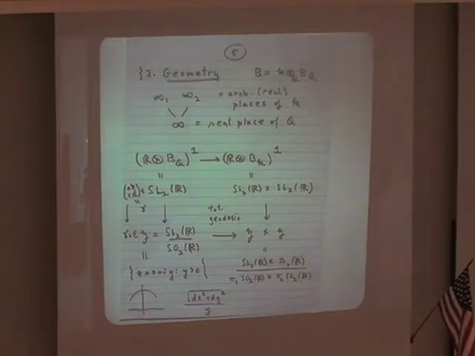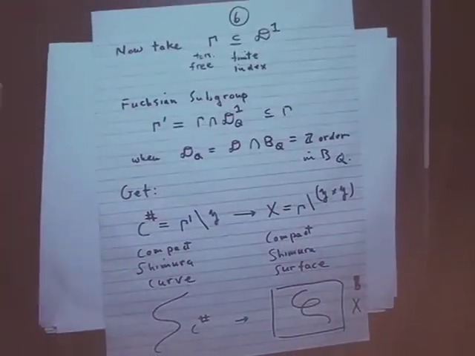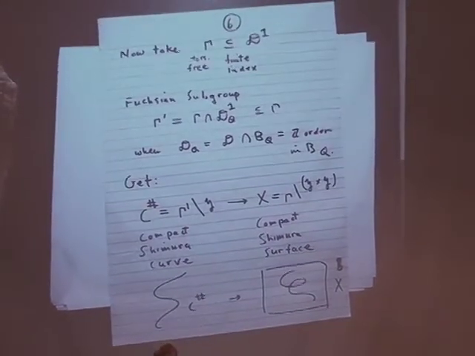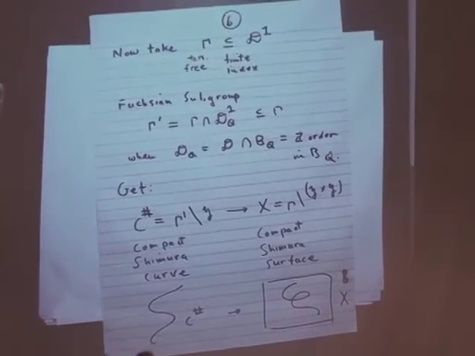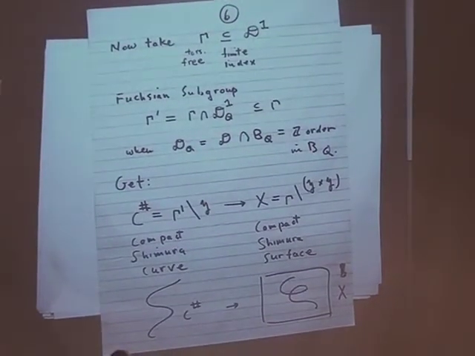So that's the units of norm 1 in an order in the big quaternion algebra D. So I take that D sub 1, which is a nice finitely generated arithmetic group. It may have torsion, so I don't really want to deal with torsion when I'm constructing varieties. I don't want orbifolds, I want real manifolds. So I'm going to take a subgroup of finite index in D sub 1 that's torsion-free. Not so hard to prove that exists.